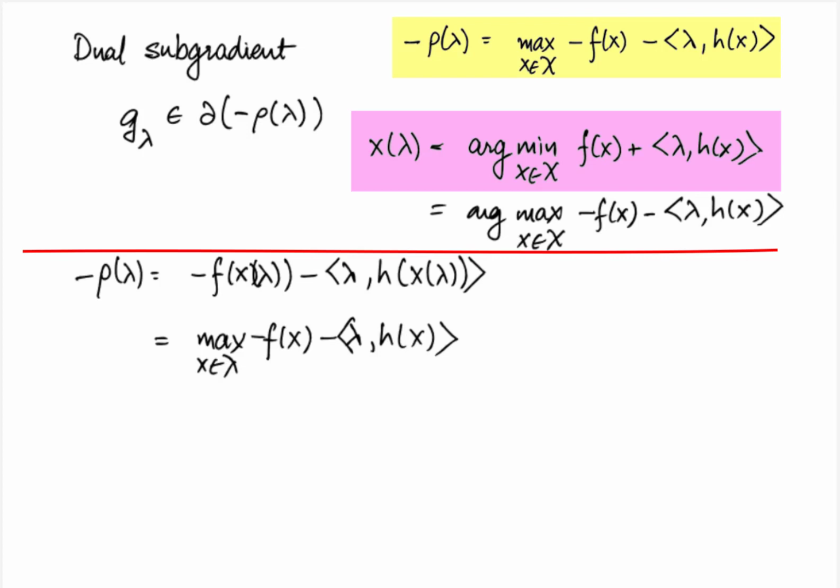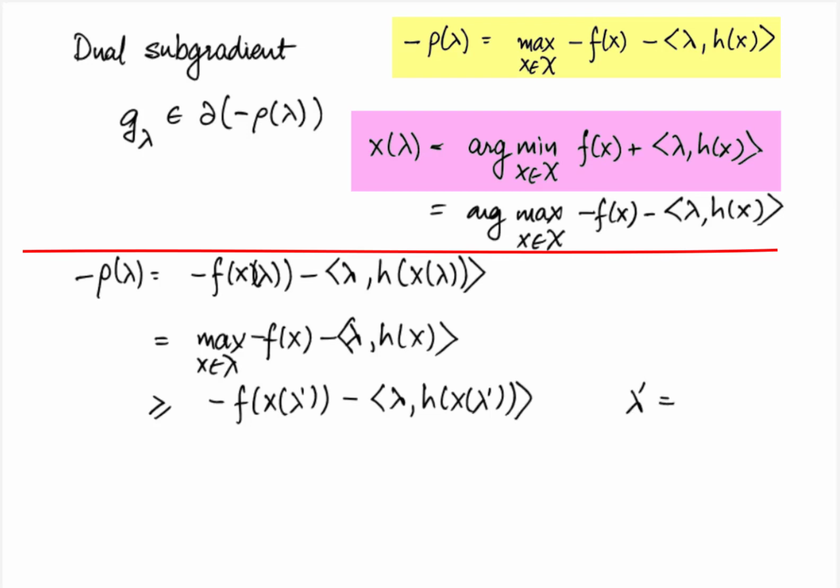Let us consider x of lambda prime, which is some value of x that does not necessarily maximize the Lagrangian. Then if we substitute, the objective value will be lower, so that minus rho of lambda will be greater than or equal to minus f of x of lambda prime minus inner product of lambda comma h of x of lambda prime.